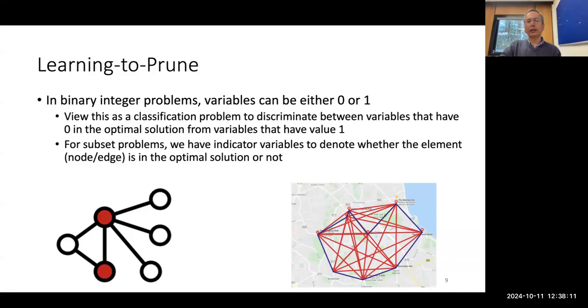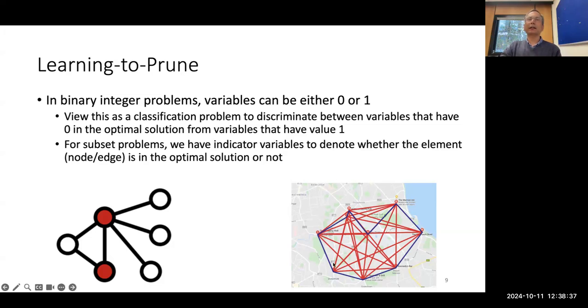Here the variable value 1 corresponds to vertices that are in the optimal vertex cover. The variable value 0 corresponds to vertices that are not in the optimal vertex cover. And the goal of the classification task is to separate the vertices that will be in the optimal vertex cover from the vertices that will not be in the optimal vertex cover.